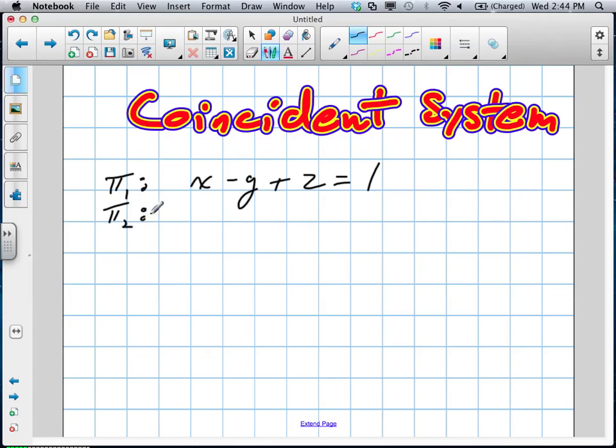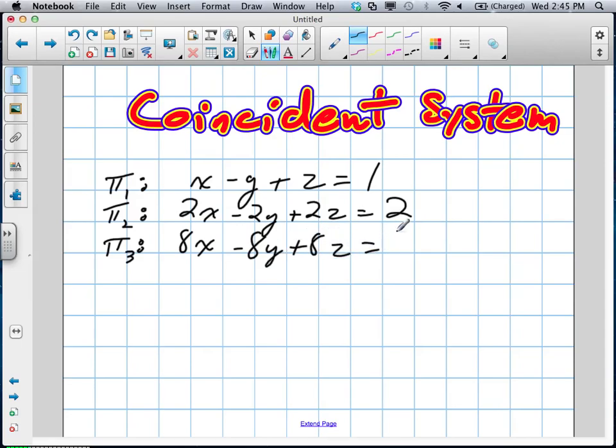Plane 2, 2x minus 2y plus 2z equals 2. And plane 3, 8x minus 8y plus 8z equals 8.